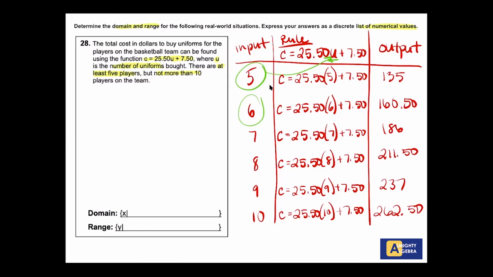So now let's finish out the problem. It asks for a discrete list of numerical values. Domain is the inputs. So my domain is going to be 5, 6, 7, 8, 9, 10. That is my domain. Just list out your inputs.